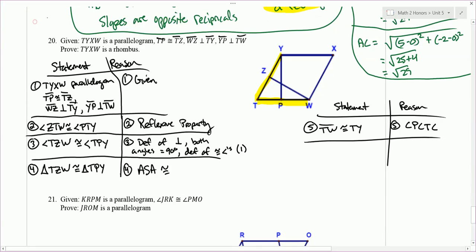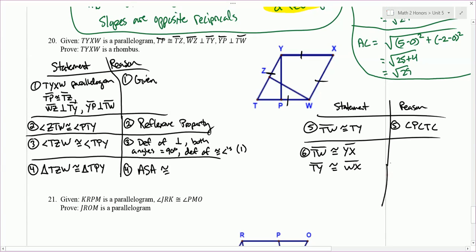So to prove something is a rhombus, we've got to show that all four sides are congruent. We've shown that the full side TY is congruent to the full side TW. Now the last real move here is to say that TW is congruent to what's across from it, YX, and TY is congruent to what's across from it, WX.